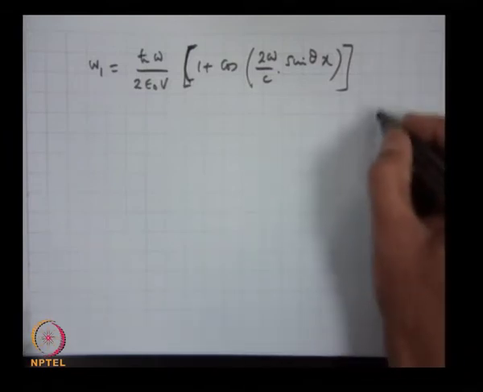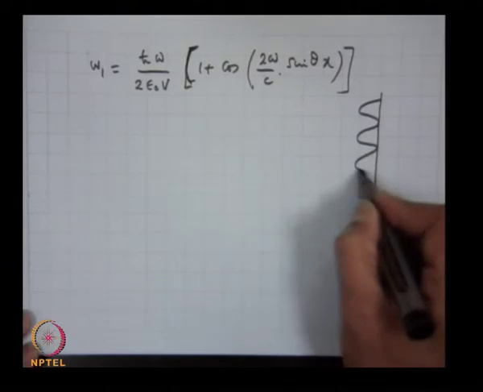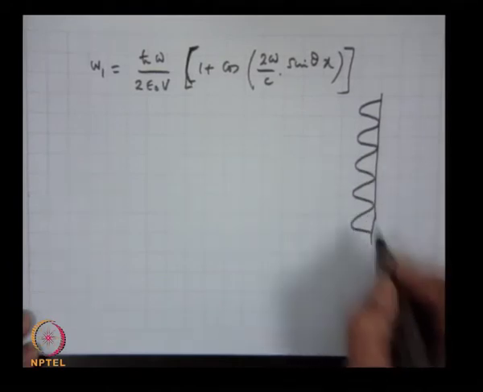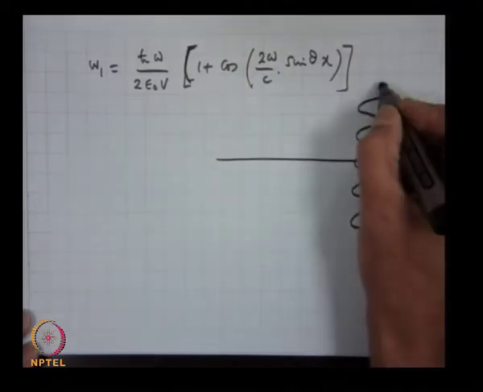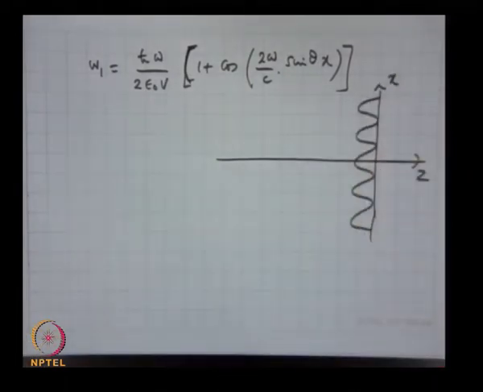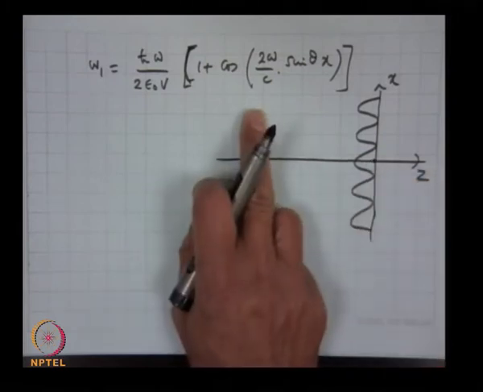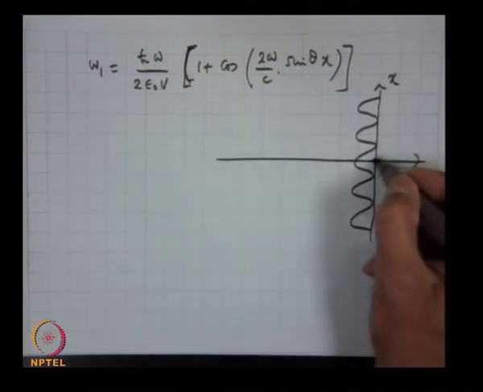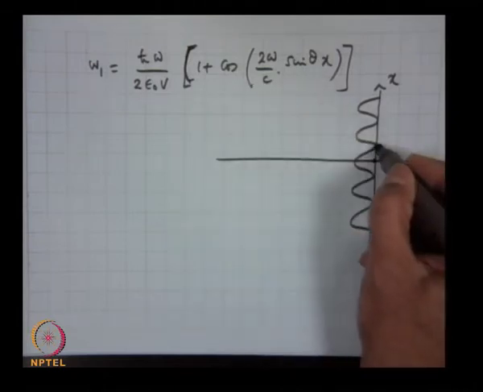Okay, so on this screen, for example, at x equal to 0 you have maximum probability. If you move away from here so that this argument becomes pi by 2, you get 0.